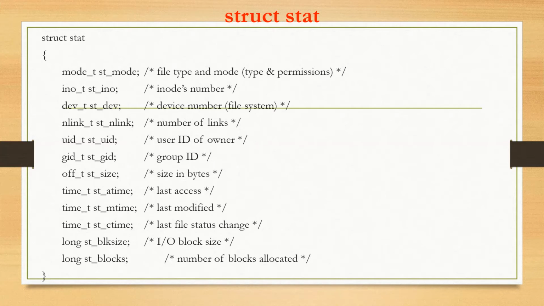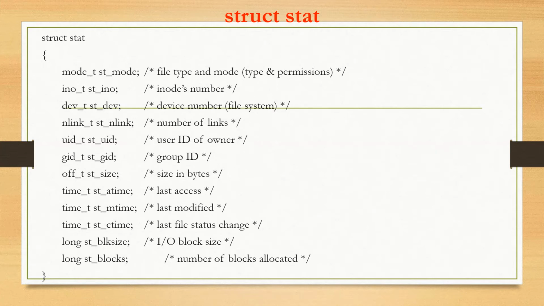Next, it contains major and minor device numbers, which identify the devices involved. Then the file size should be mentioned in bytes. For that we use off_t, which sets the size of the file.